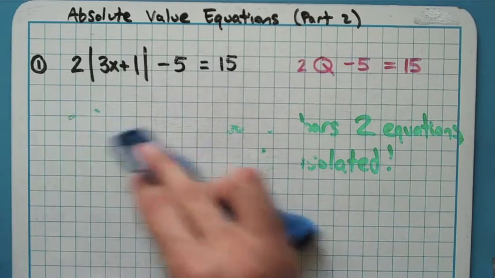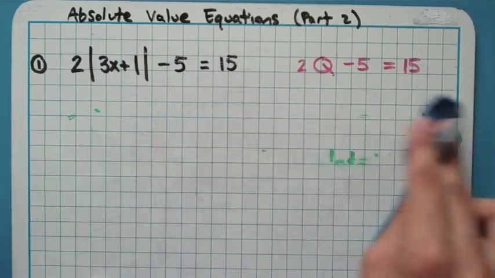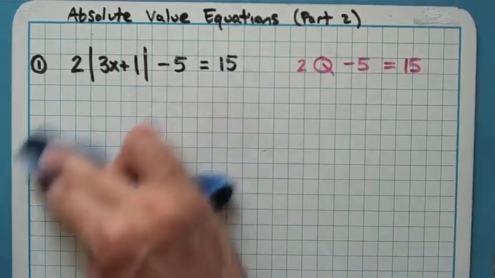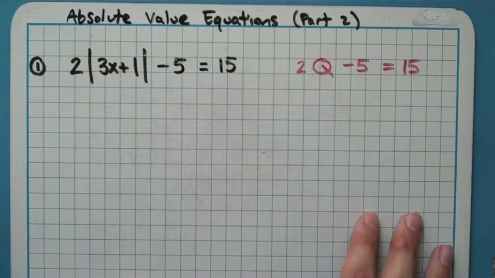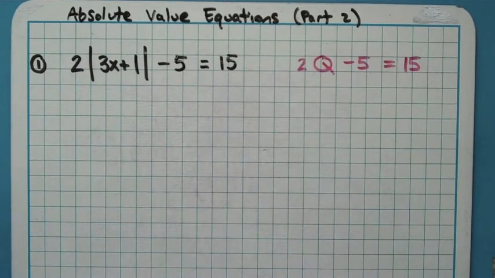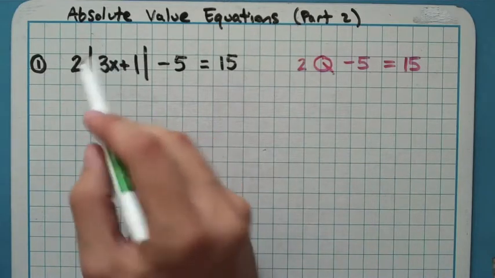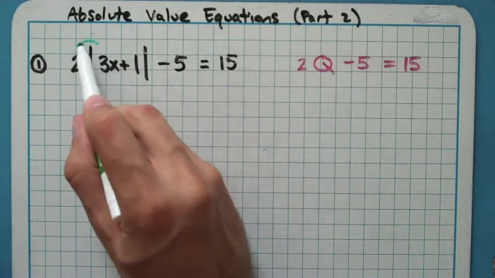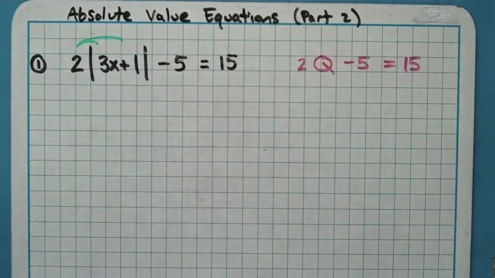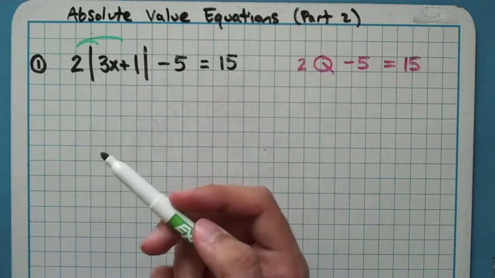So, with that being said, we understand we have to get the absolute value by itself. That's what our goal is going to be. And the first thing that I will see kids try to do on these problems is they'll see, oh, there's a 2 out here. You just kind of get in the habit of, with parentheses you distribute in. People will try doing that.